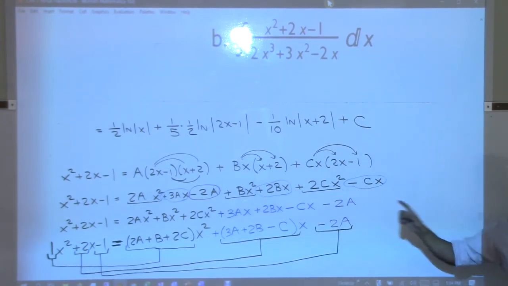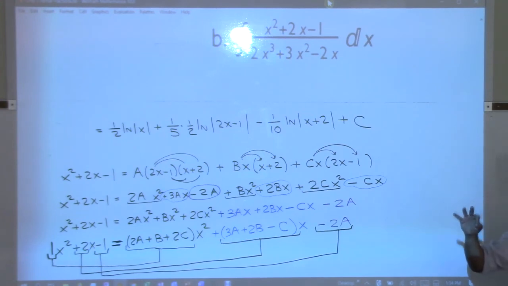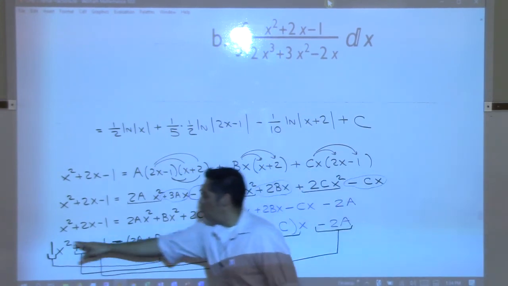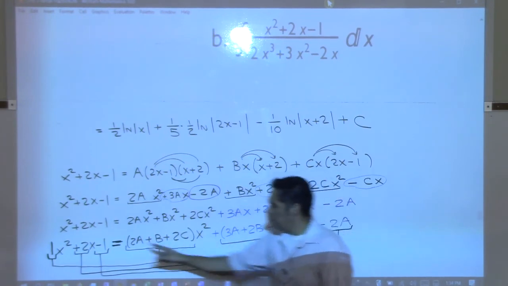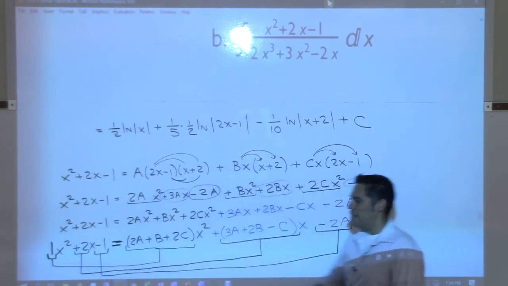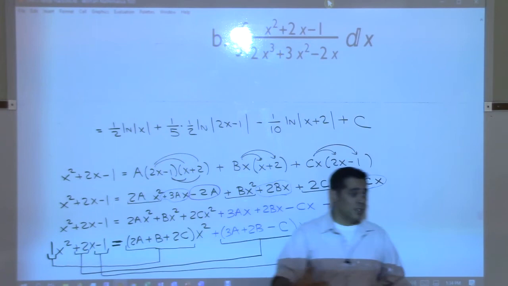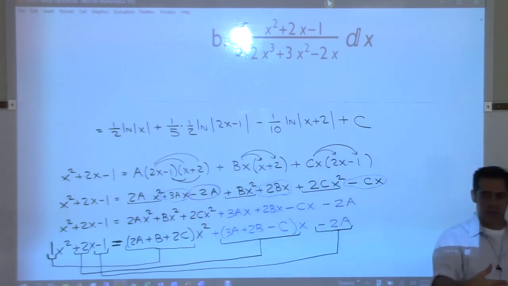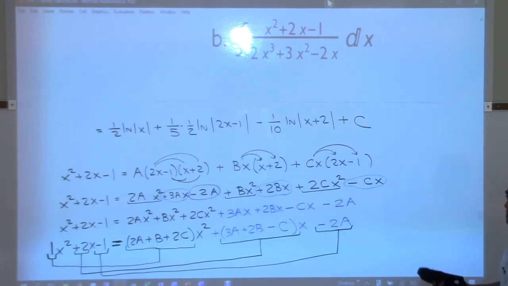I have all three of those things have to be true at the same time, right? These things together have to be 1. These things together have to be 2. And this thing by itself has to be negative 1. And what that gives you is a system of equations. So I'm now going to write that system down.